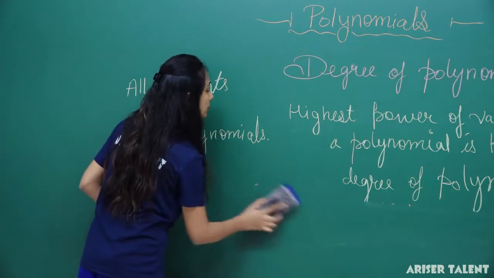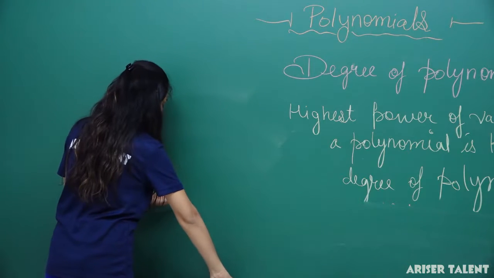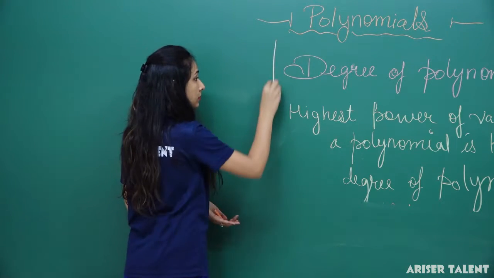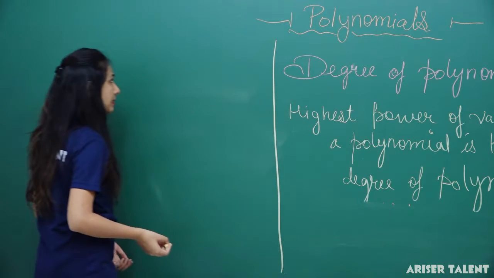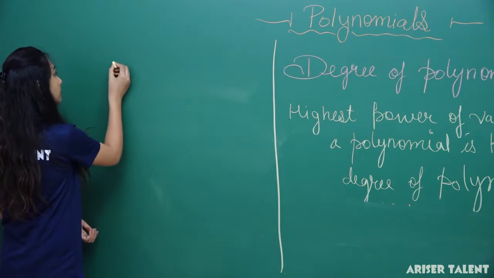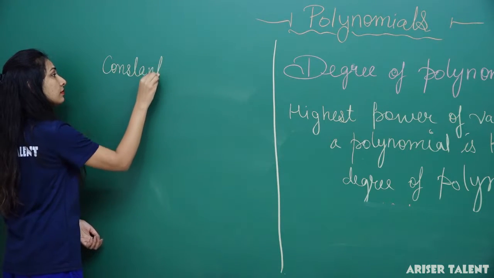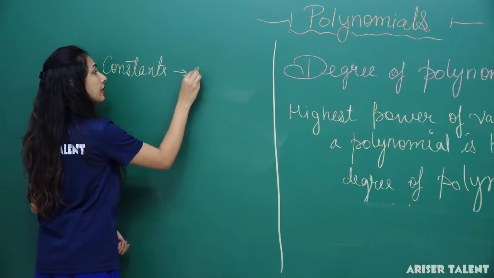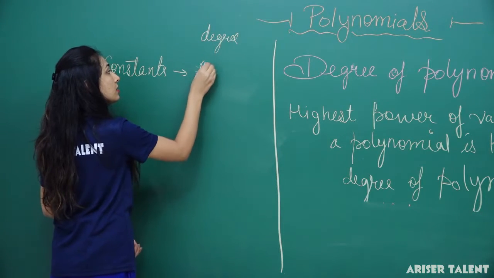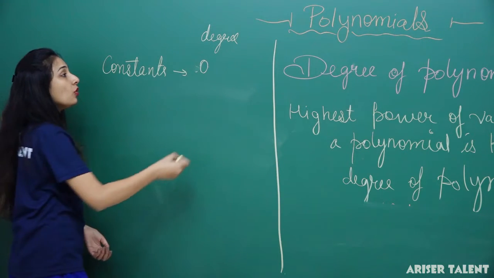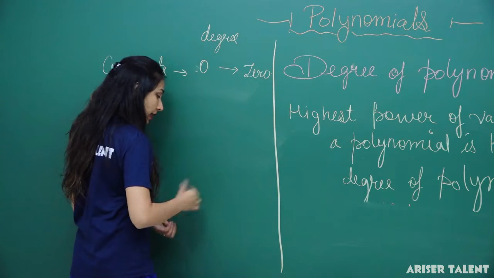I am removing this also. Now, what I was telling you is that if I have a constant, the degree is what? 0. So they will be known as zero polynomials.